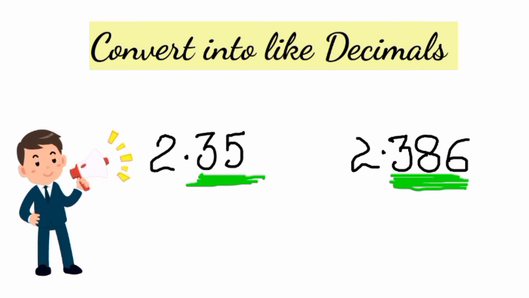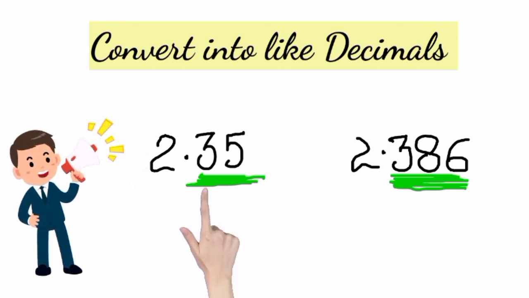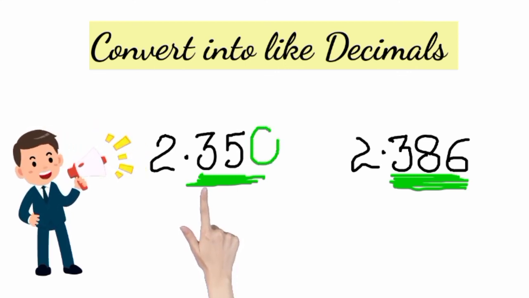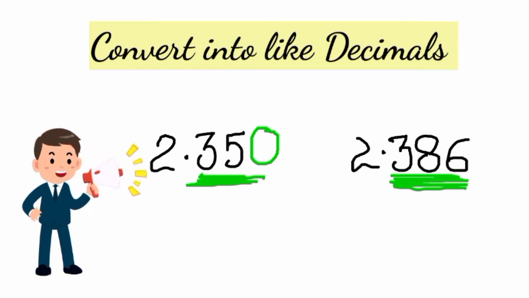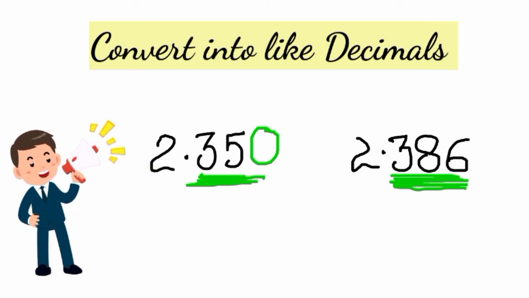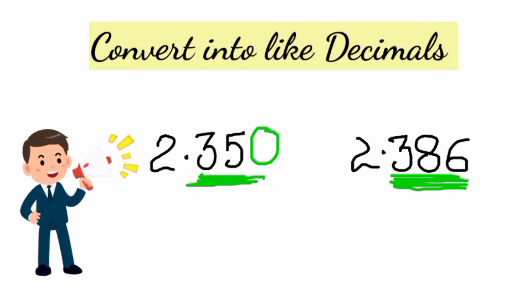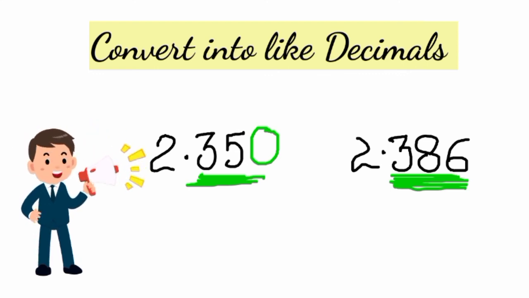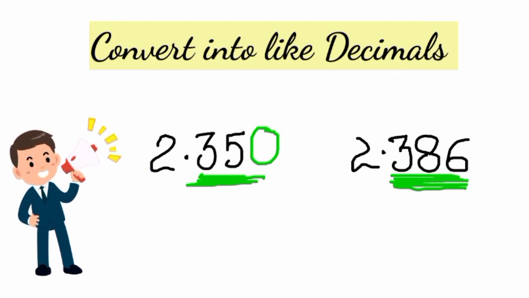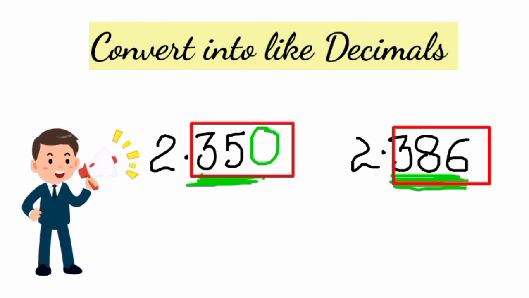So what we will do here, in the first number we will put 0 at the end. As I said while starting this chapter, अगर हम डेसिमल्स में एंड में 0 पुट कर रहे हैं, it will not make any change. वैल्यू में कोई चेंज नहीं होता, but the number of digits becomes 3 after decimal. Now in both the numbers we have 3 digits, so it means they are like decimals now.